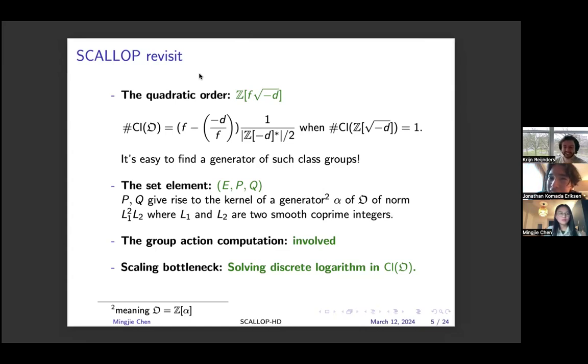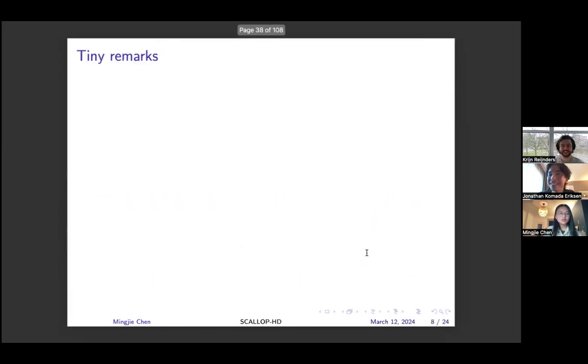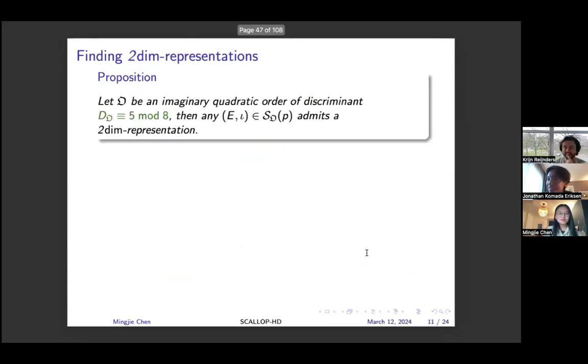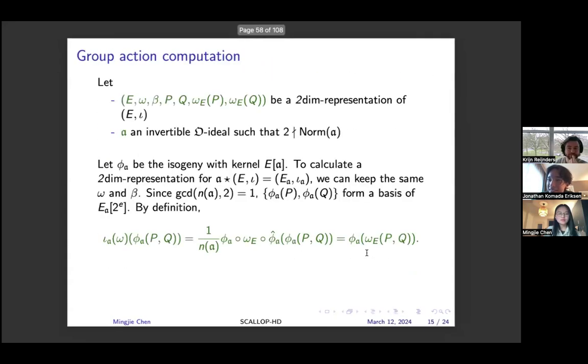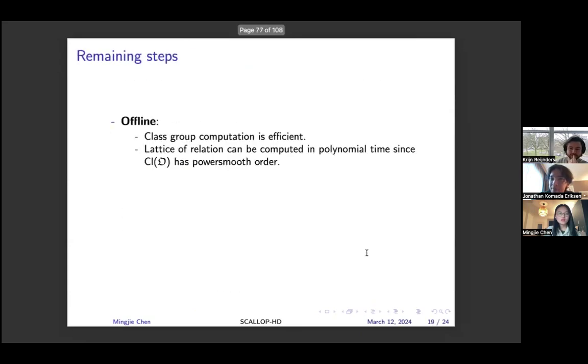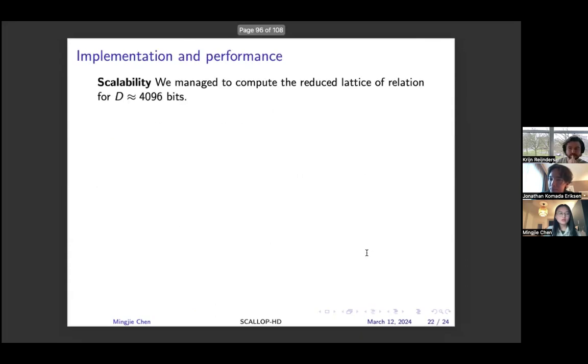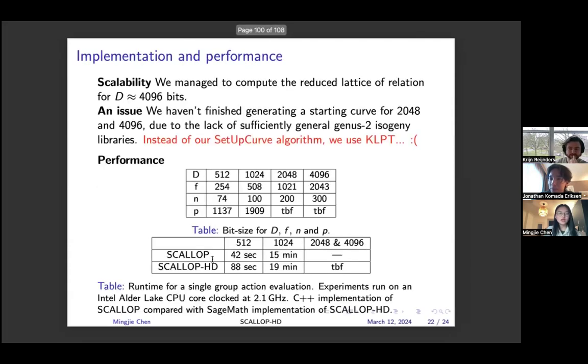Ryan asks, are the keys much bigger there, or is it comparable to Scallop? I think you basically need to compare the field characteristic for us and the ones used in Scallop.